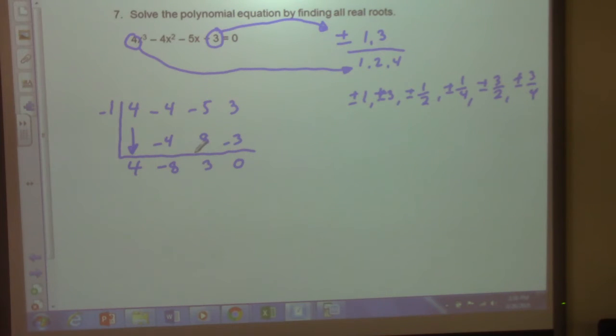Prayer was answered. Everything is good, well, until we run into the next roadblock, which can happen. So now we have x plus 1, Bryce, is that right? Yes. So x plus 1 is a factor, and now we have 4x squared minus 8x plus 3 left.